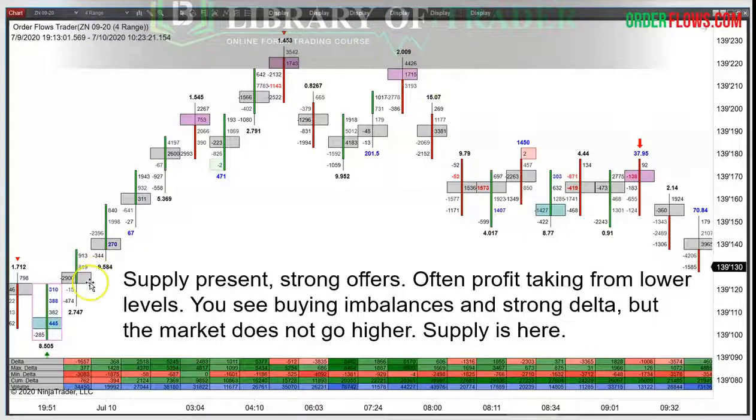So as this market is going higher, people are realizing they should start working some offers, work their way out of their longs from earlier. As we start to come off here, people start hitting the bids. Resistance selling coming into the market.